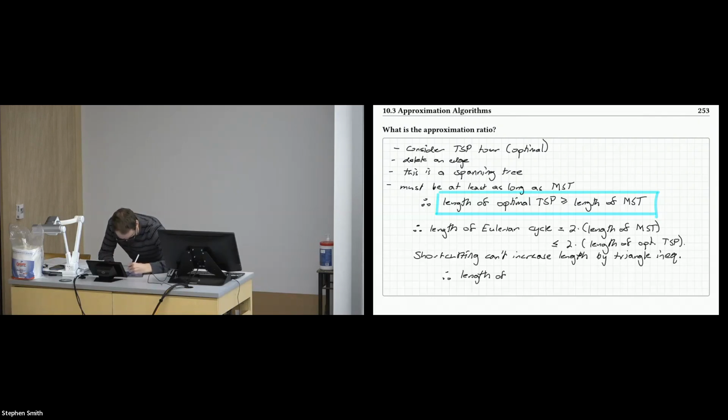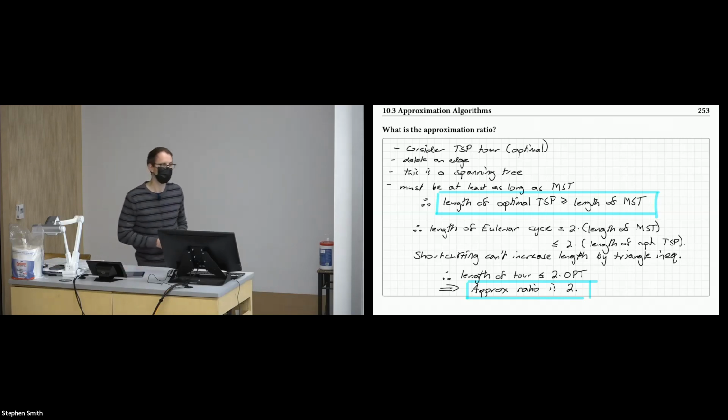Therefore, length of tour is less than or equal to 2 times opt, which implies the approximation ratio is 2. Which is actually really good for such a simple algorithm.